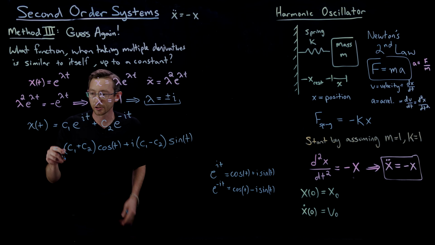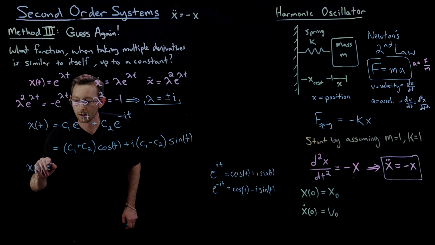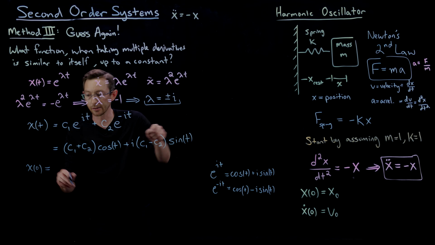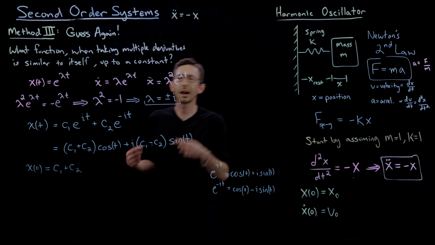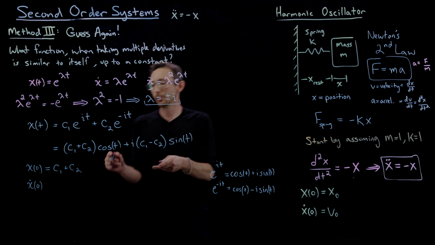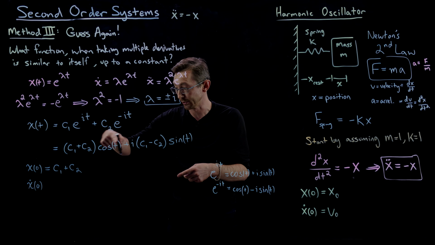So we have some initial condition: x at time 0 is going to be, cosine of 0 is 1, sine of 0 is 0, so that equals c1 plus c2. And similarly, if I take the derivative of this, x dot at 0, the derivative of cosine is minus sine, and sine of 0 is 0, so this term will be 0.